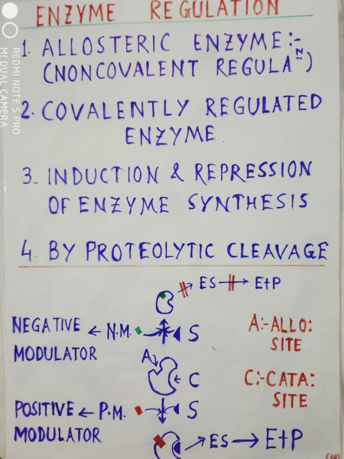The term allosteric derives from the Greek words allo, meaning other, and steros, meaning space or site. Allosteric enzymes are those having another site. Like other enzymes, allosteric enzymes have catalytic sites which bind the substrate and transform it, but they also have one or more regulatory or allosteric sites for binding regulatory molecules, which are called effector or modulator or modifier.